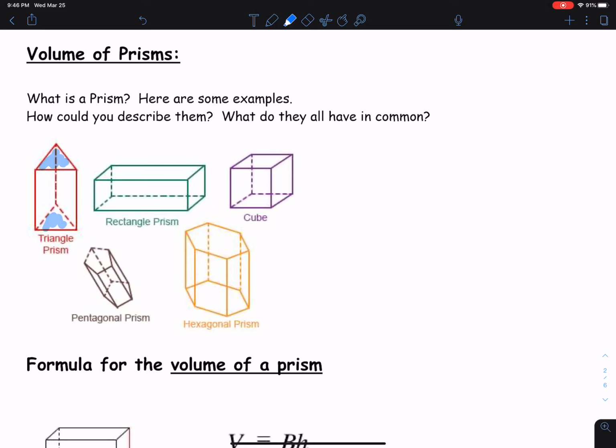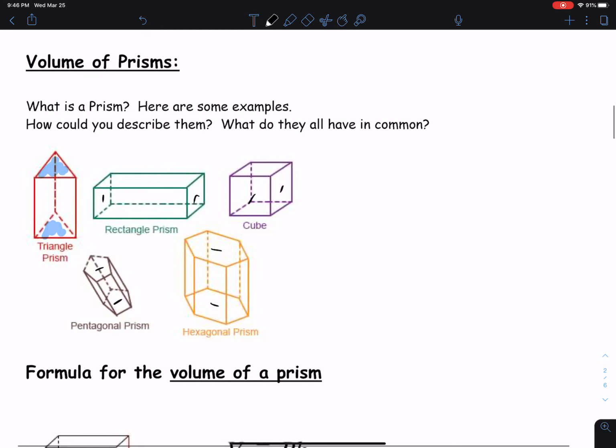And then we have a rectangle and a cube and a hexagonal prism, a pentagonal prism. It's the same shape on both sides, and then those sides, and then it's just kind of like straight in between those two. So it's a three-dimensional figure.